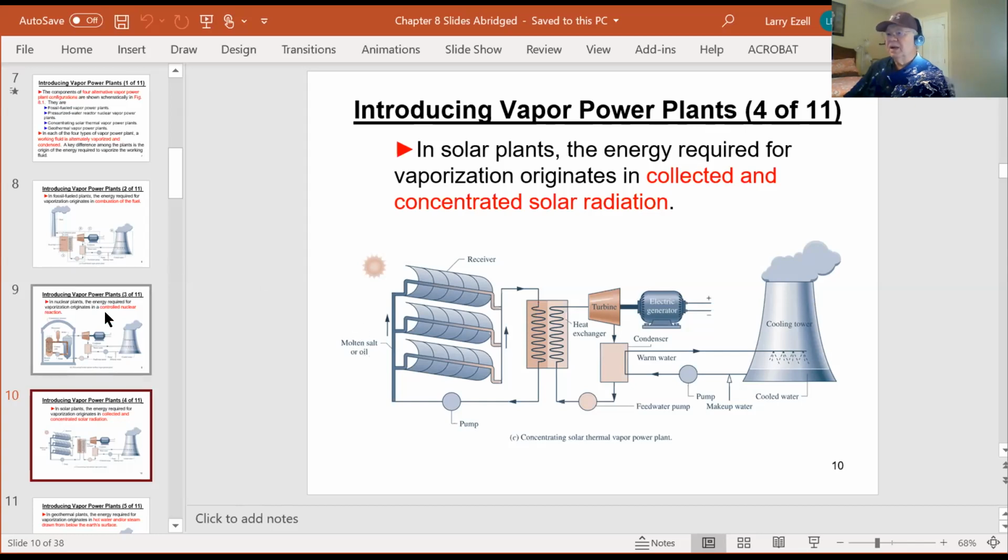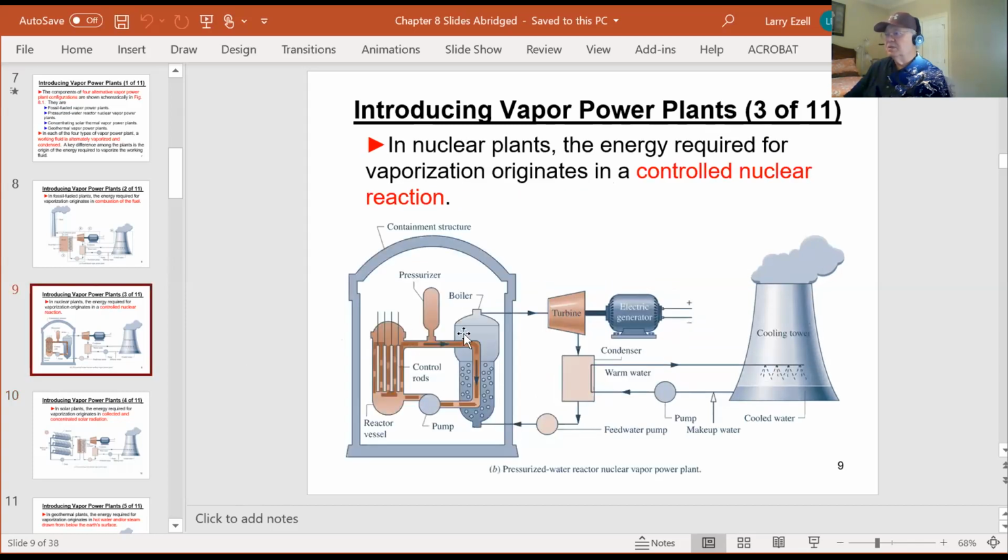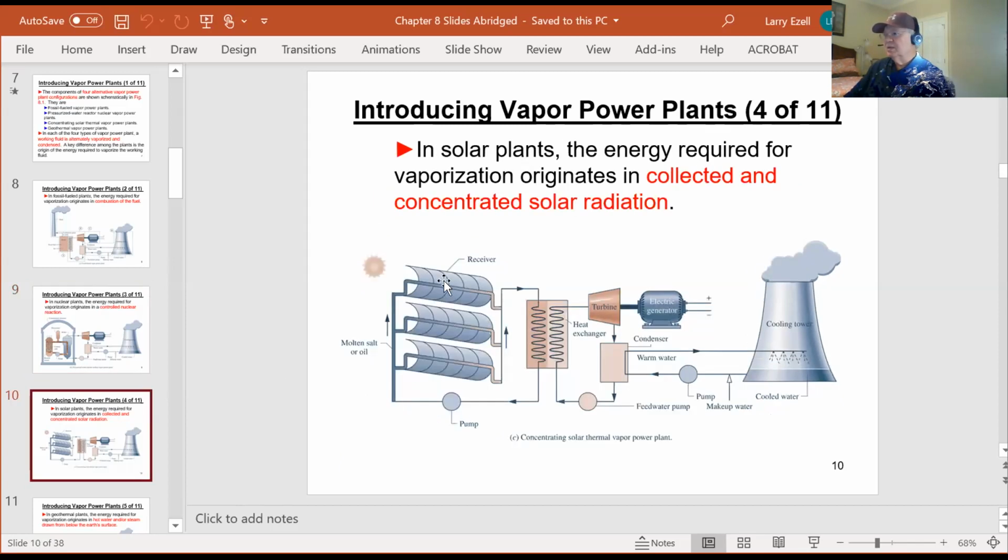Sort of like the nuclear reactor, where you have this molten salt or pressurized water or whatever heating up the boiler. Well, in this case, all the heat comes from the sun. It's concentrated, melts this salt. The salt goes through the heat exchanger, and this heat exchanger is actually the boiler. Although the Rankine cycle stream and the molten salt stream do not touch each other physically, they're in close thermal contact, and that's where your heat comes from the sun.